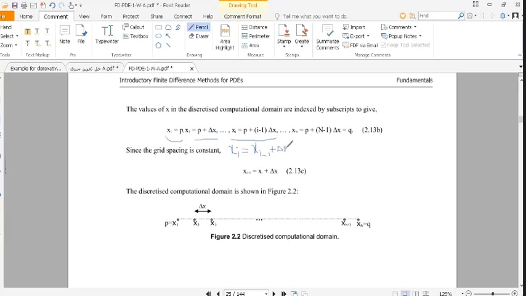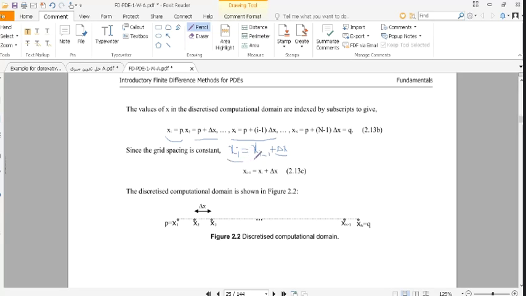This means if you add delta x to each point, you can find the next point.